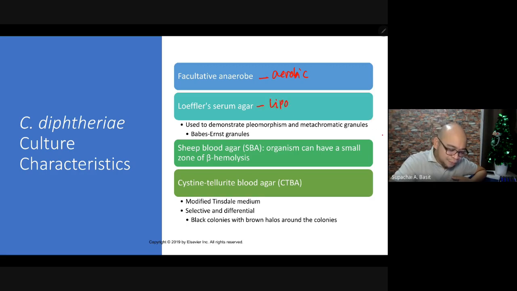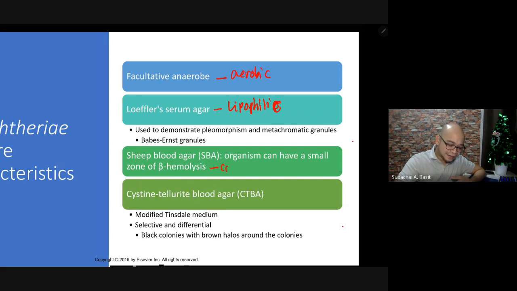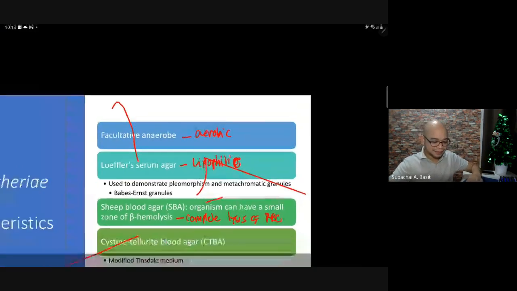This is a lipophilic medium, which enhances the formation of the metachromatic granules. In sheep's blood agar, you'll see a very small zone of beta hemolysis. Beta hemolysis means there is a complete lysis of RBC.